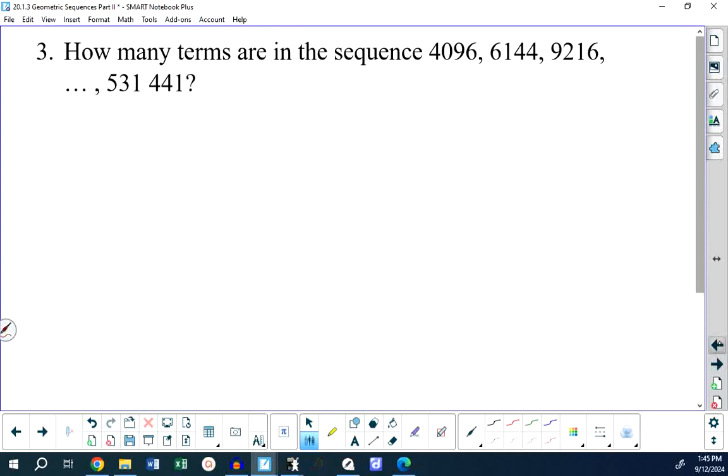And we have one last question. How many terms are there in this sequence? Really easy question. Because we can't do it algebraically, we have to do it on our calculator. Take a minute and figure out for me, please, what the common ratio is.